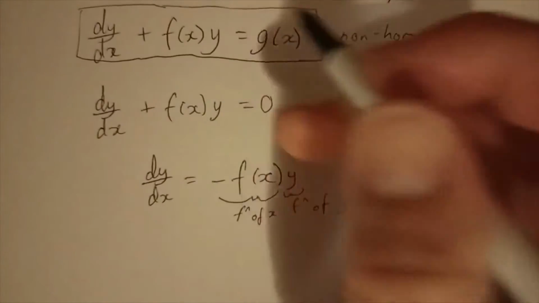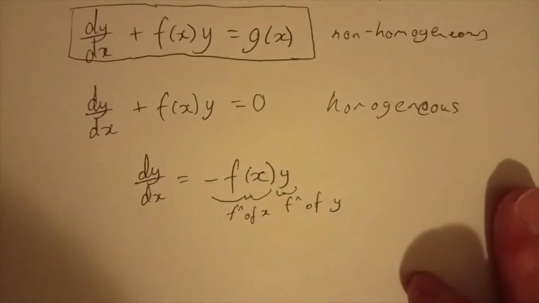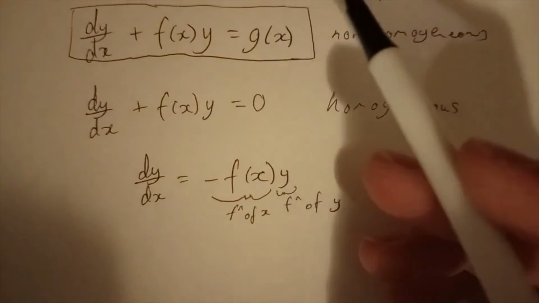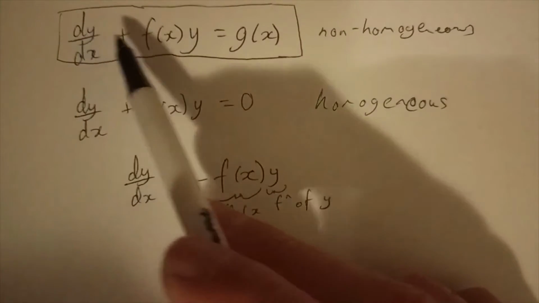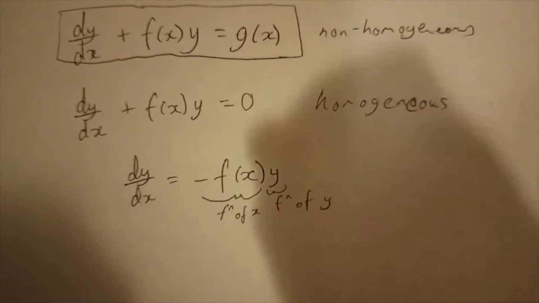Solving this equation is the goal of this lesson, and also we'll be looking at it in the next lesson as well. Now I'll launch straight into an example of an equation like this, and we'll look at how to solve it.